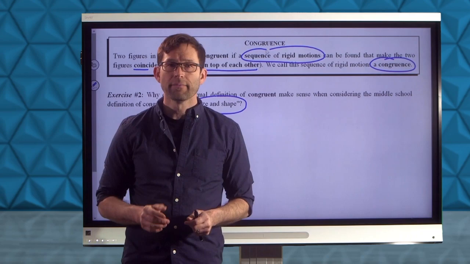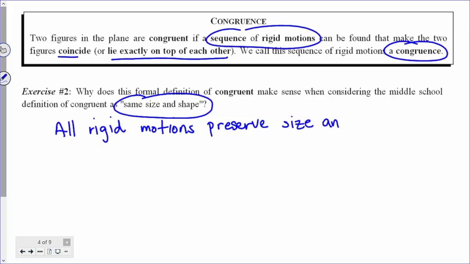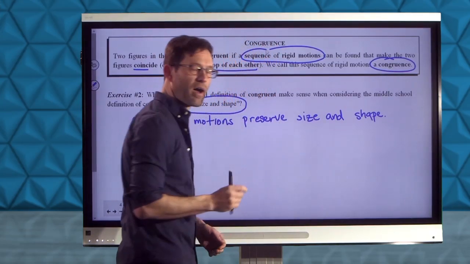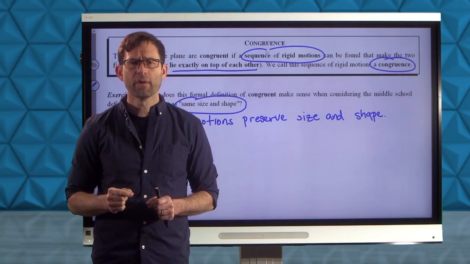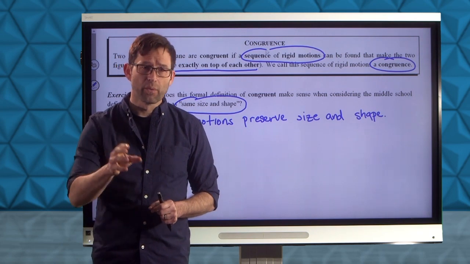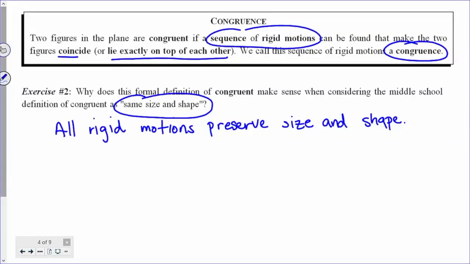Well, this is why. All rigid motions preserve size and shape. We've been talking about that a lot, right? And they preserve size and shape because they preserve distance or length, and they preserve angle measurement. And that's really what gives you the shape, all right? So, all rigid motions preserve size and shape.